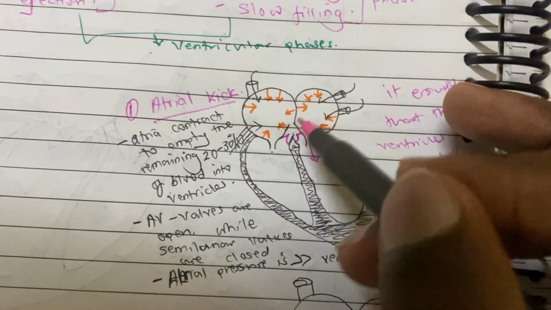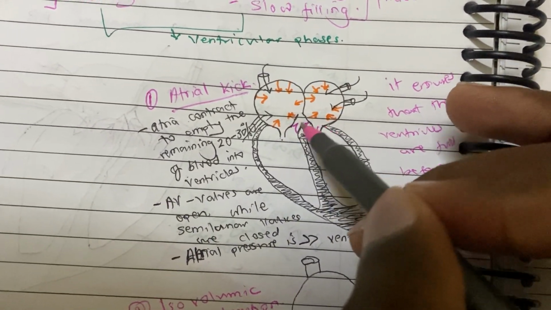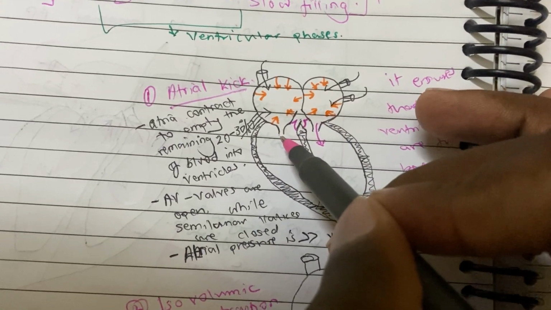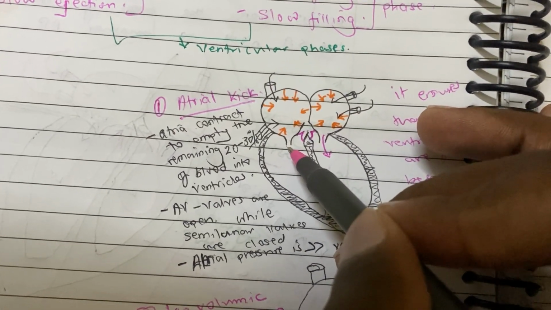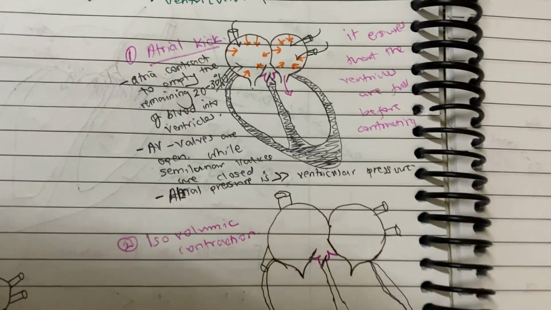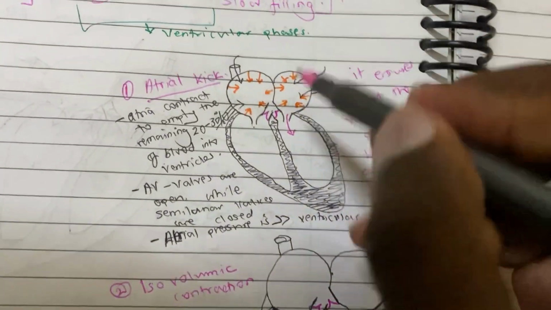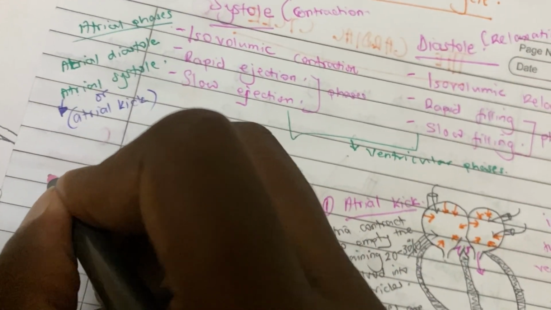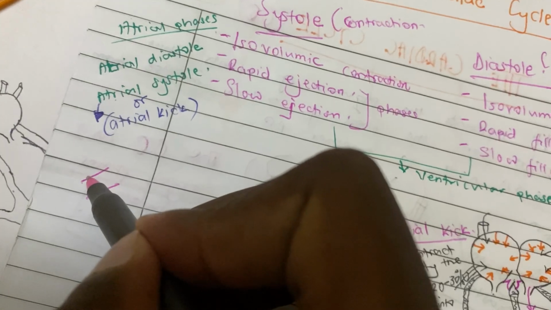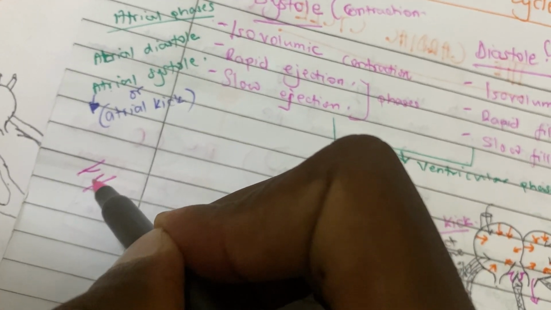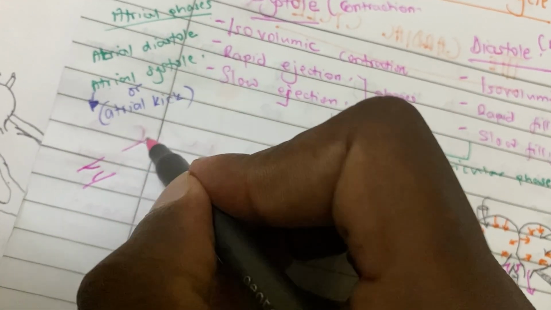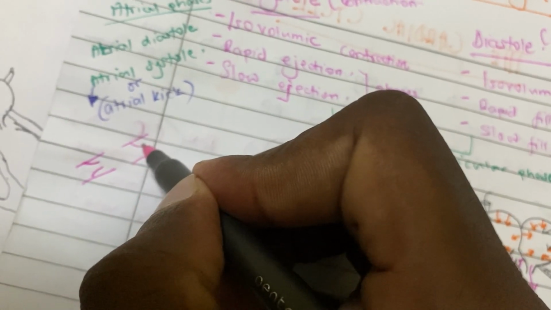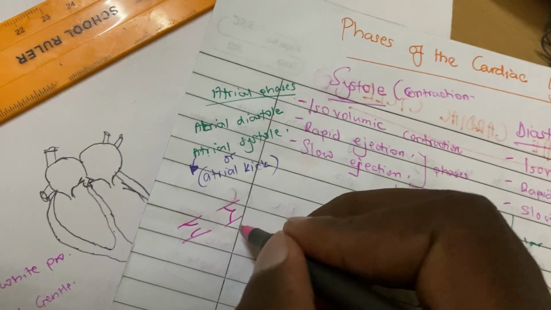So here you can see that the mitral valve and tricuspid valves are open, but the opening is not all that wide. And these semilunar valves, when a valve is drawn like this in the pulmonary artery, it is open, and if it is drawn like this, it is closed. So this is a closed valve.